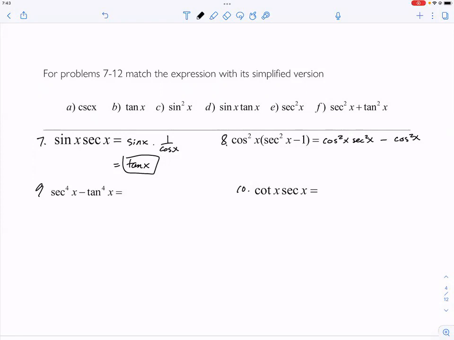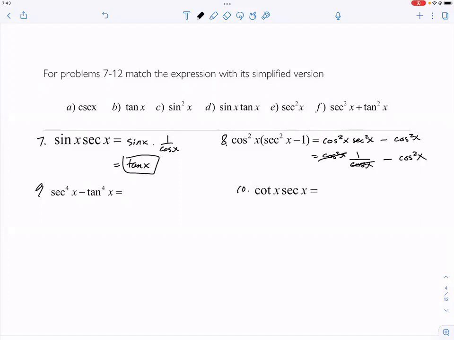Okay, so if that's the case, cosine square x is cosine square x, and secant square x is 1 over cosine square x. And then we have cosine square x right here. Well, they would cancel each other out, so we have a 1, and what's 1 minus cosine square x?